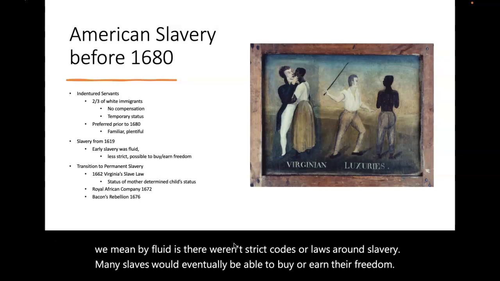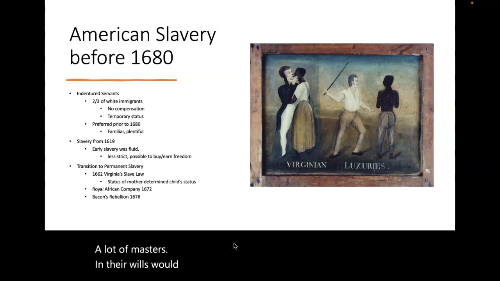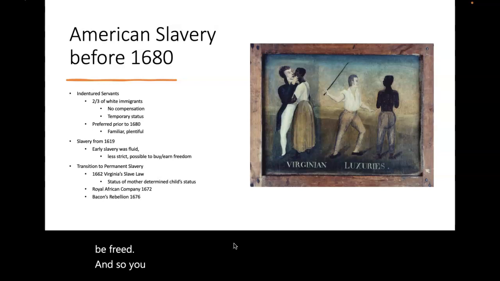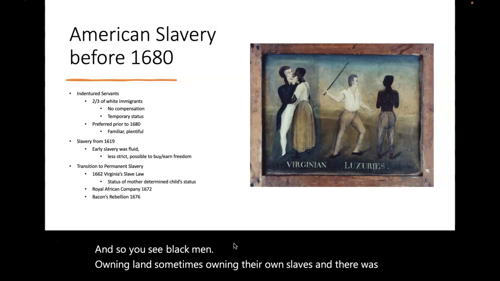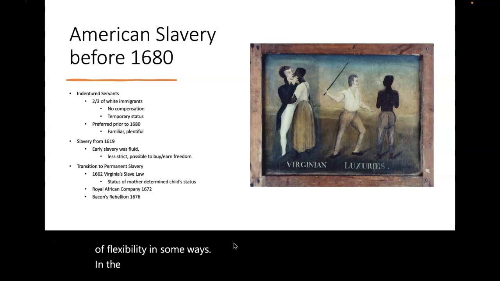A lot of masters in their wills would stipulate that upon their death, their slaves would be freed. And so you see Black men owning land, sometimes owning their own slaves, and there was a lot of flexibility in some ways in the early years of American slavery.